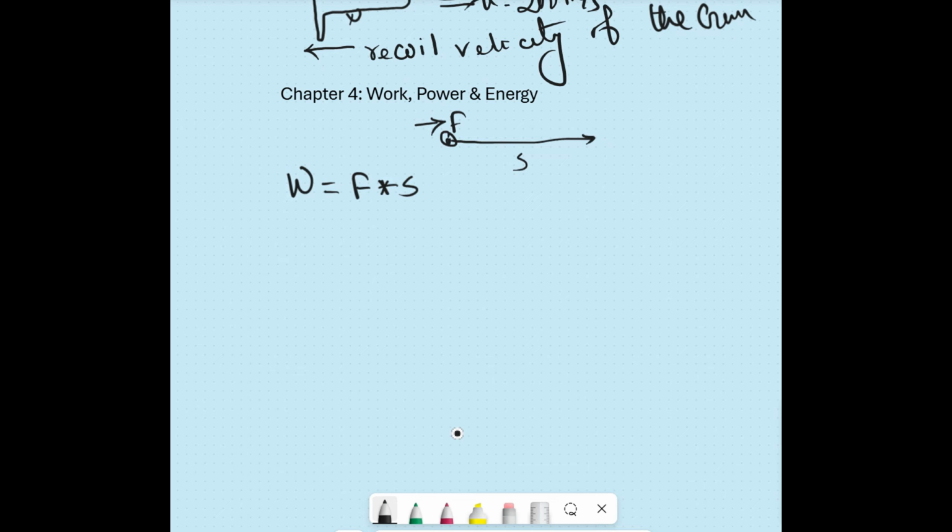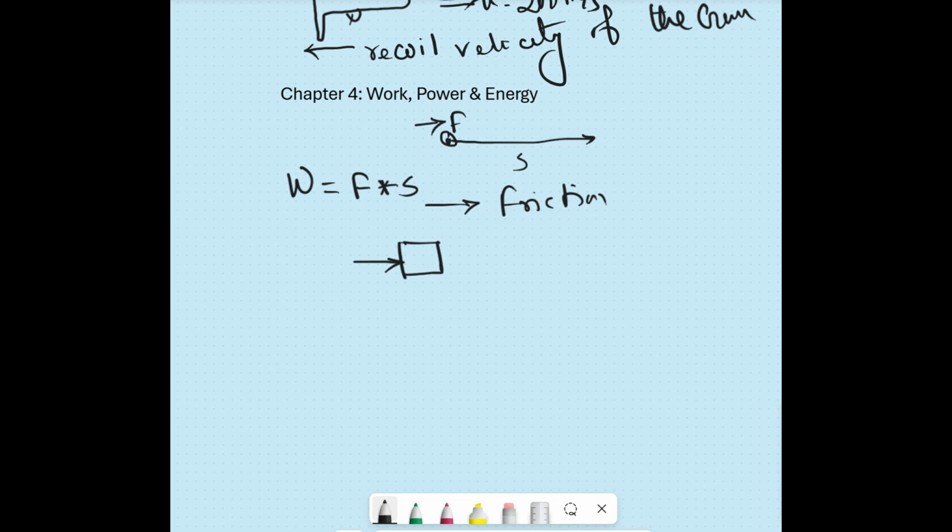By this equation or by this topic, we can learn about friction. So say there is an object.